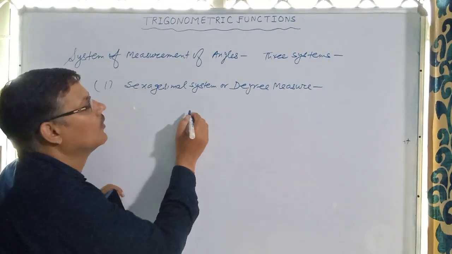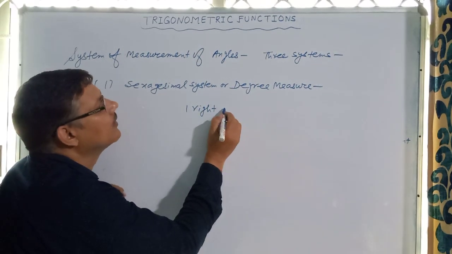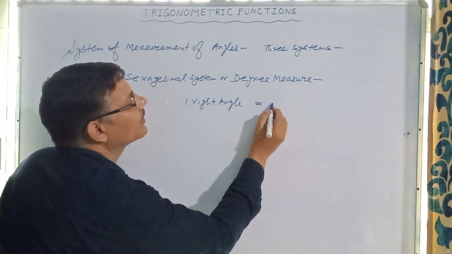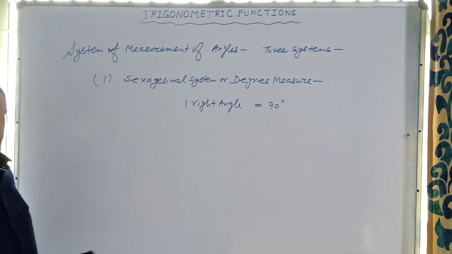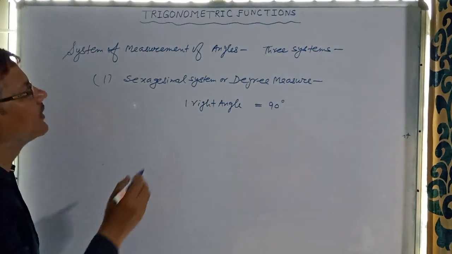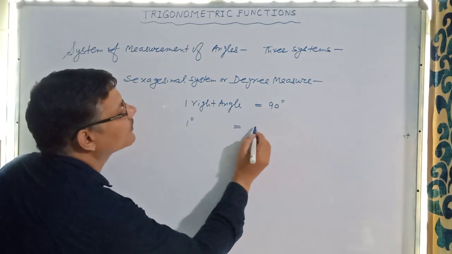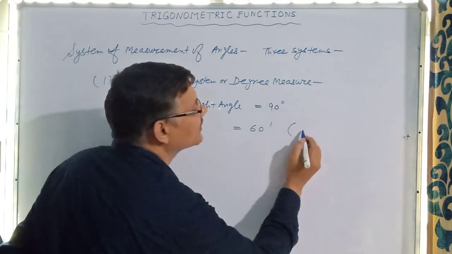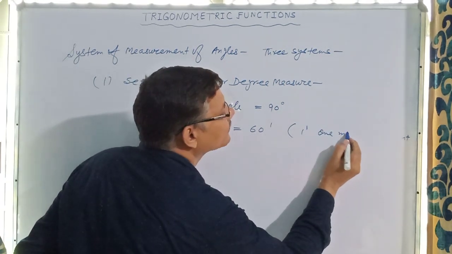In this system, one right angle is divided into 90 equal parts and each part is said to be 1 degree. Then 1 degree is divided into 60 equal parts, each one is called 1 minute.